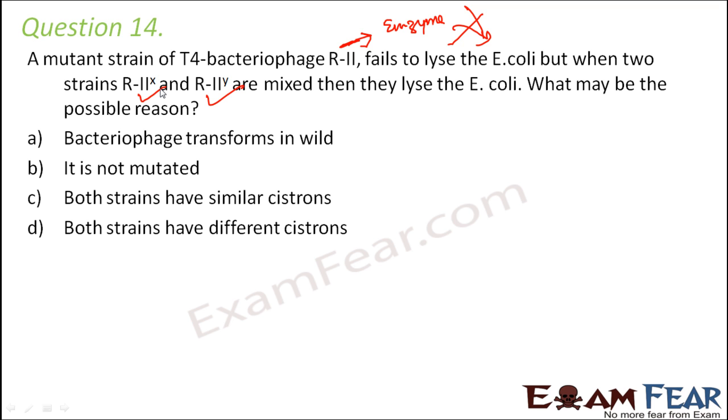So that could be a possible reason. Both strains R2X and R2Y have different cistrons, so they code for different polypeptides, giving rise to different enzymes, and these different enzymes together are able to lyse the E. coli.